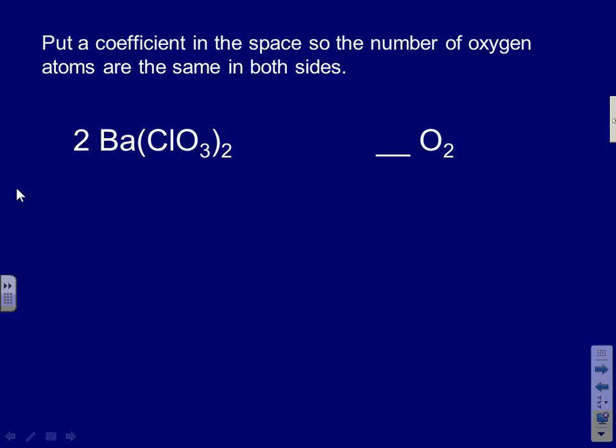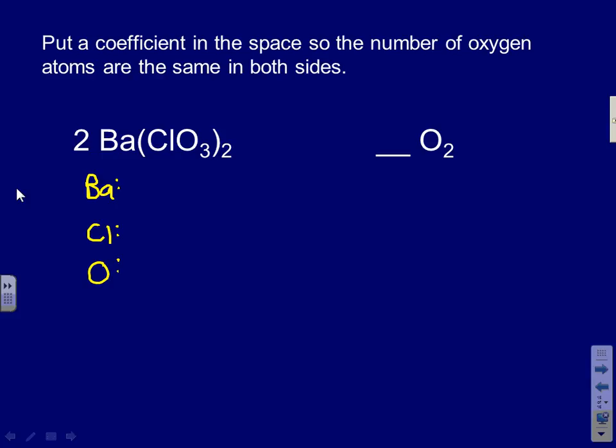So let's go through the example. We're going to place a coefficient there so that the oxygens on this are the same as the oxygens in this. So what do we do? We figure out how many oxygens. But you know what we're going to have to do? We have to figure it out for all of them anyway. When we do an entire problem tomorrow, we have to figure it out for all of the atoms, not just oxygen. We're just going to practice with oxygen today.